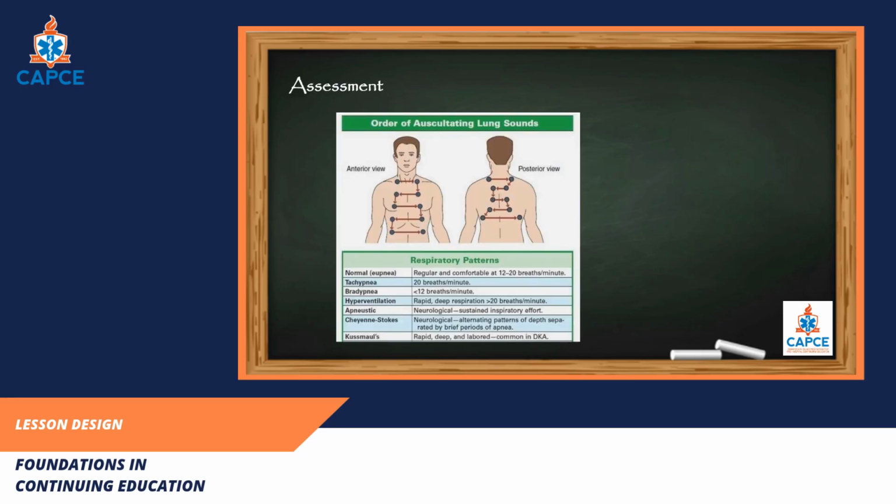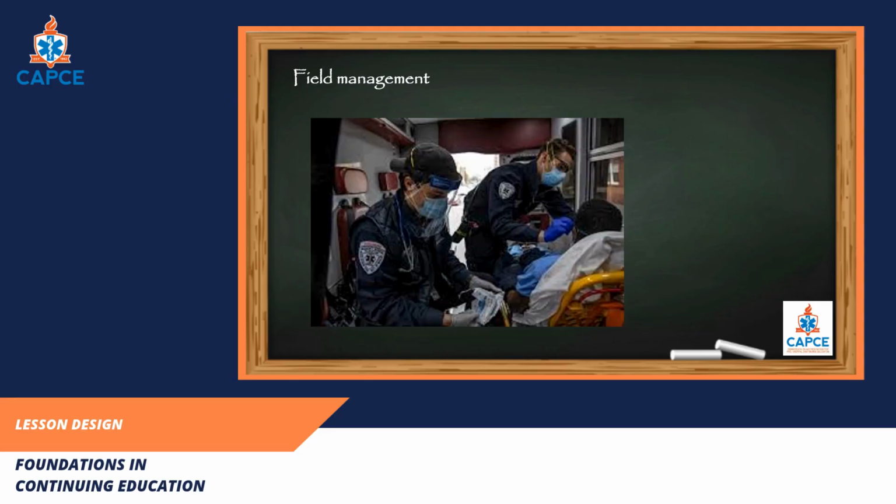Then, discuss and demonstrate how to properly assess the respiratory system with a special emphasis on the pathophysiology of asthma. Finally, present the proper field management of an acute asthma attack with a special emphasis on the previously learned information.